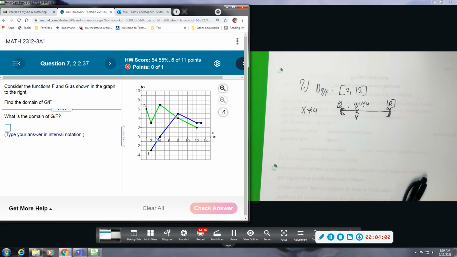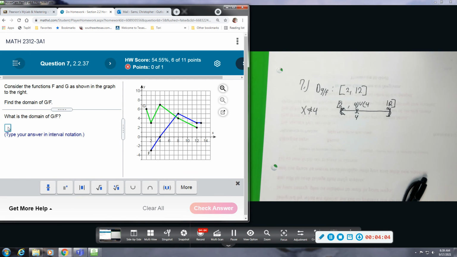Got to do union. You have to remove that point because otherwise you would be dividing by 0. So bracket 2, comma 4, close parentheses, union, open parentheses, 4, comma 12, close bracket.